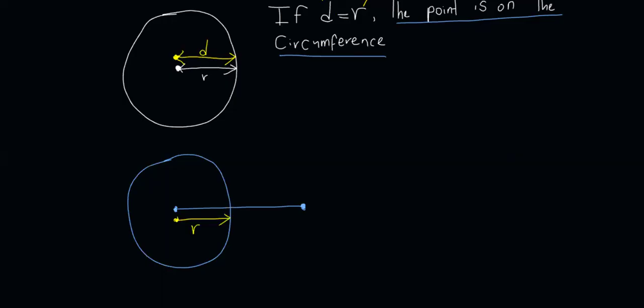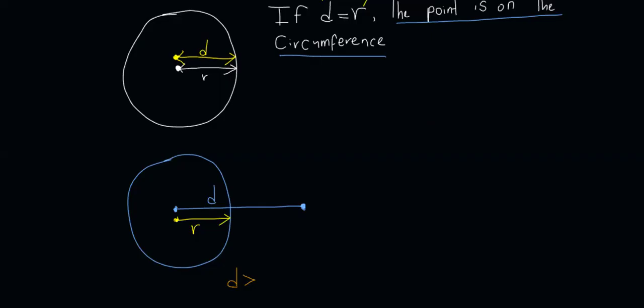So with regards to this, it means D, which represents the distance, must be greater than the radius. So in that case, I can now write it like this.